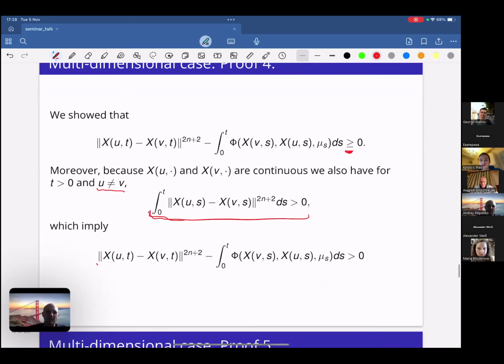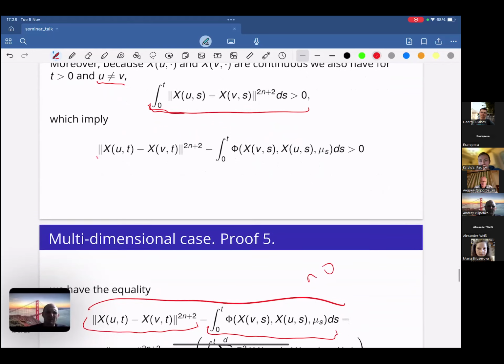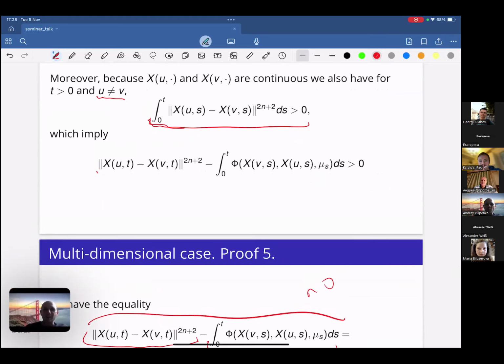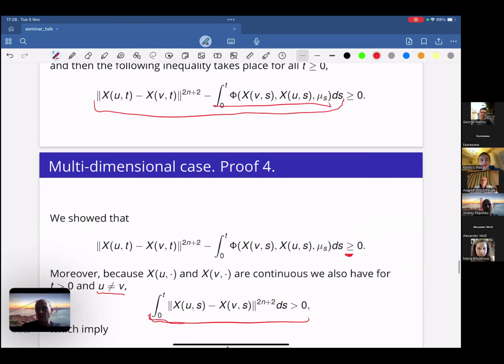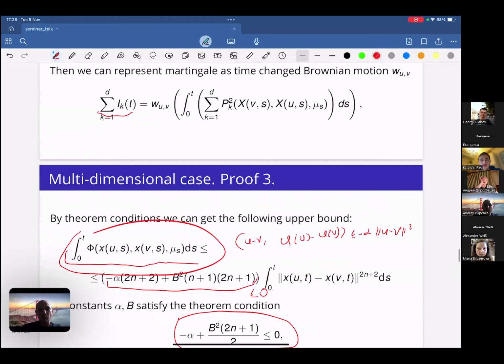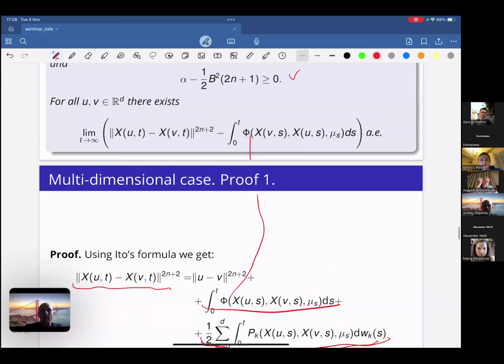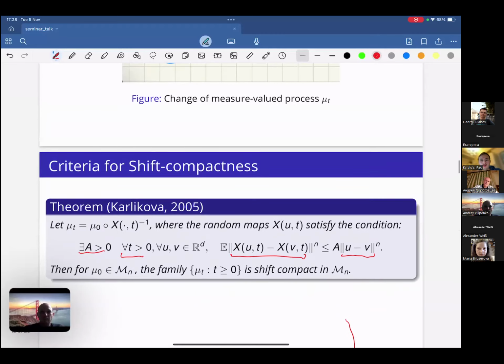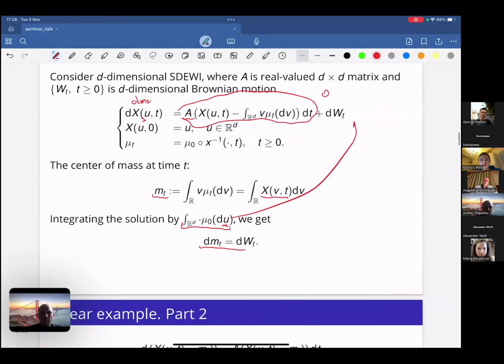Okay, some other questions, please. I have a question. So the integral is positive, but when you consider this difference, positive minus positive, the limit may be 0, I think. For example, let us consider your first example, where the interaction is with a matrix.